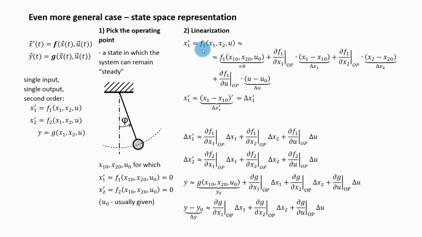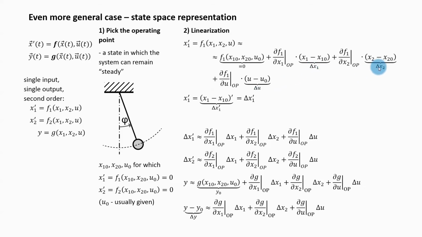Just a small note, these state variables and this input are all functions of time, but to reduce the clutter I have dropped that argument of time from these equations. Now I need to realize that we have chosen the operating point so that this is 0. So this goes away. Then I can denote this as delta x1, this as delta x2, and this as delta u.